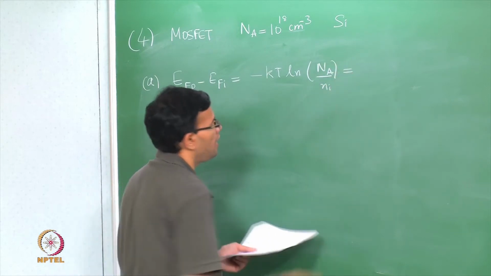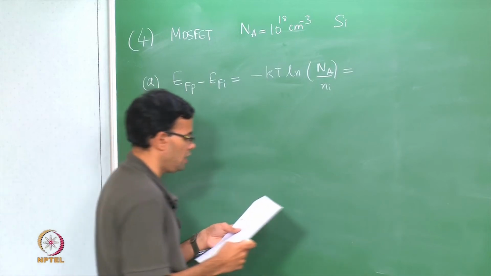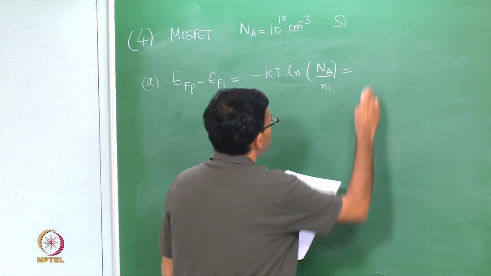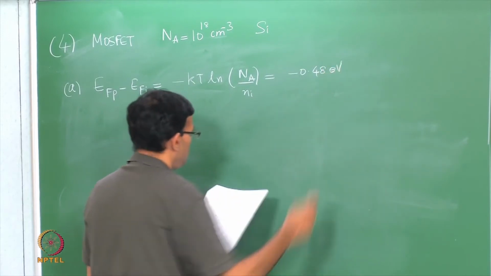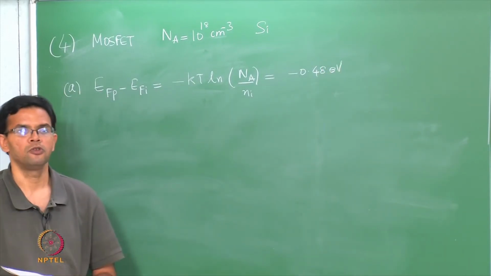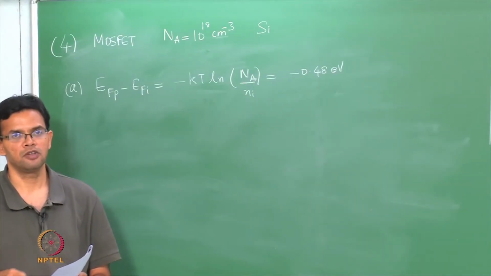So, for silicon Ni is 10 to the 10, Na is known. So, that E_p minus E_i is essentially minus 0.48 electron volts. So, the Fermi level is located 0.48 volts below the intrinsic Fermi level.